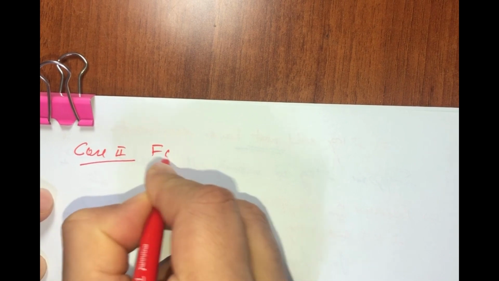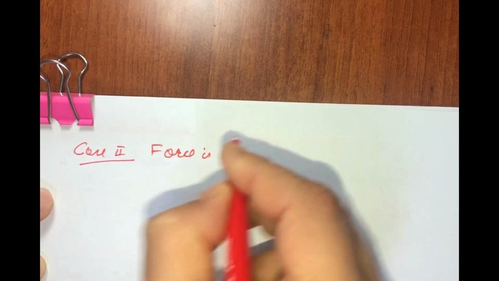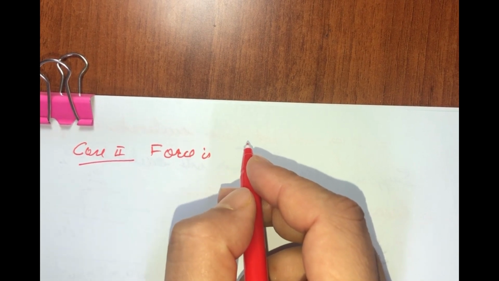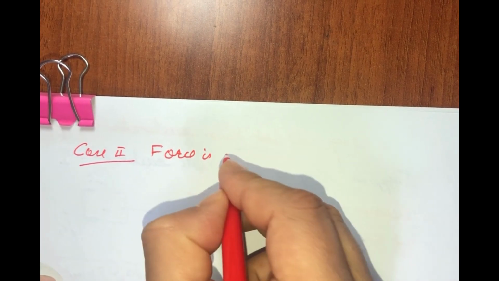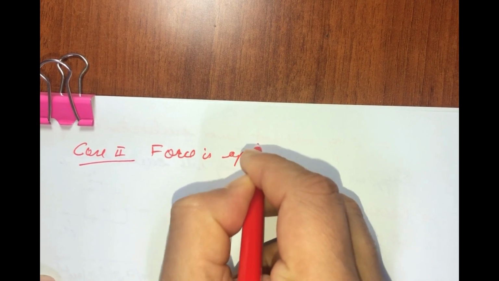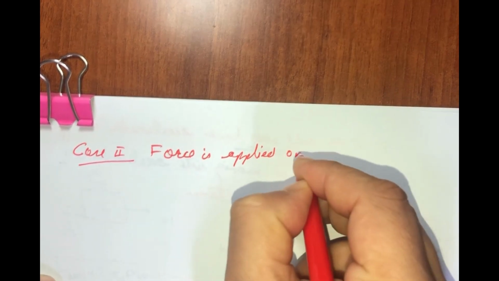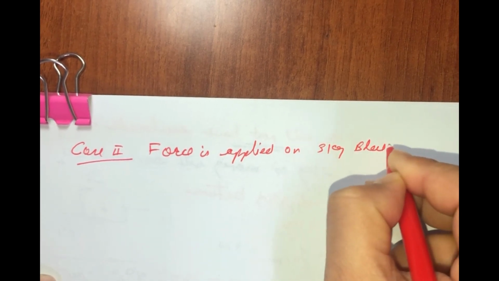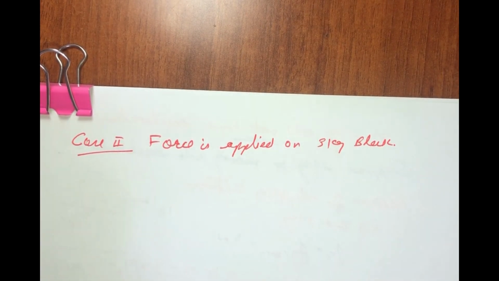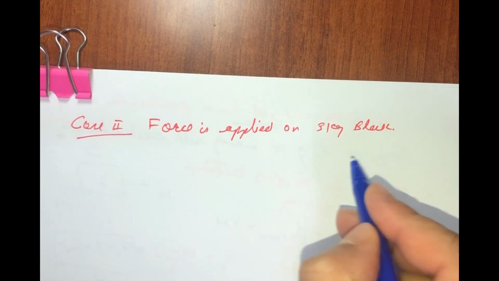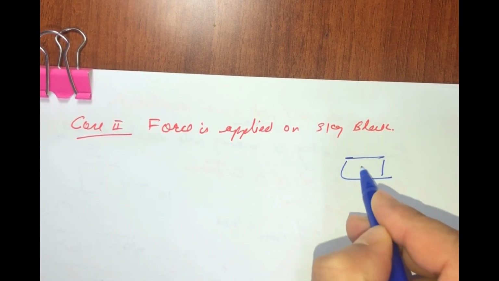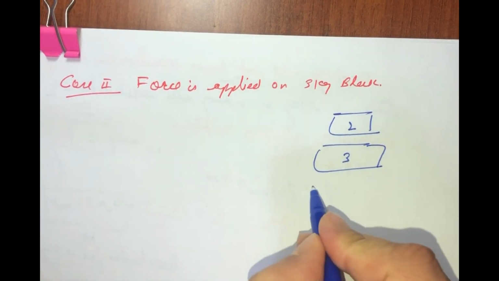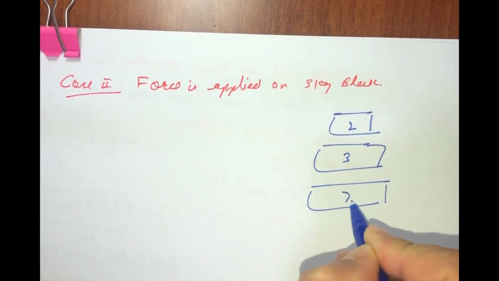Force is applied on 3 kg block. You can draw, so this is 2 kg, this is 3 kg, and now this will be 7 kg.